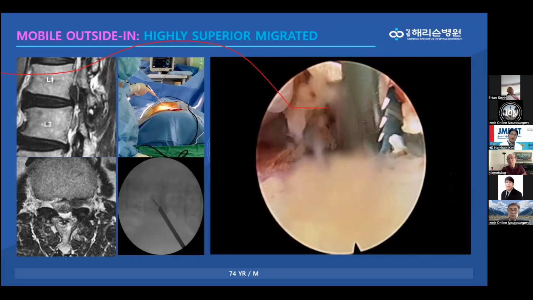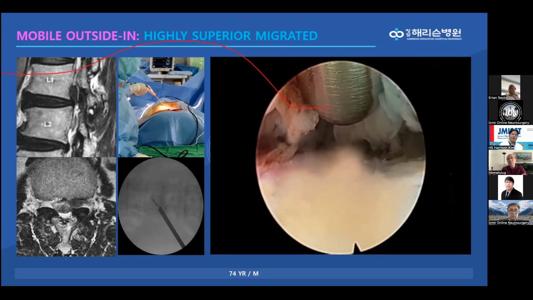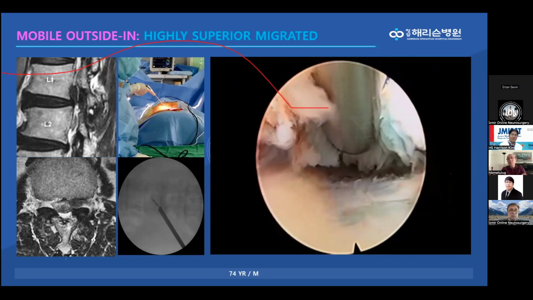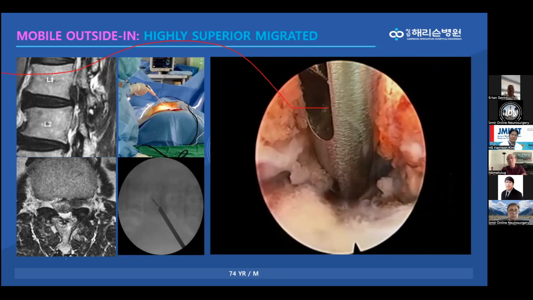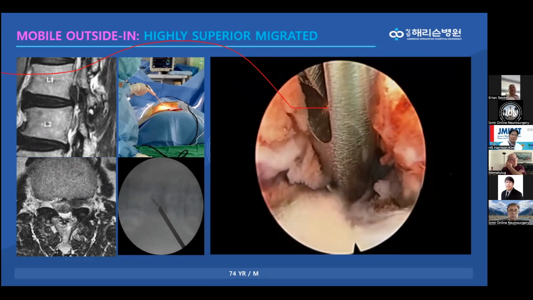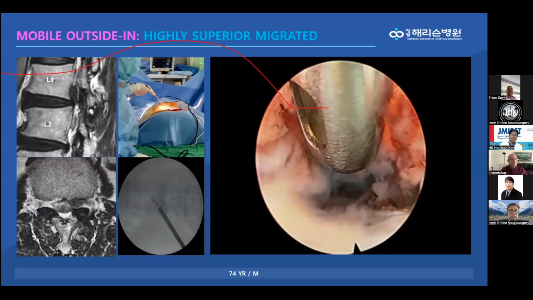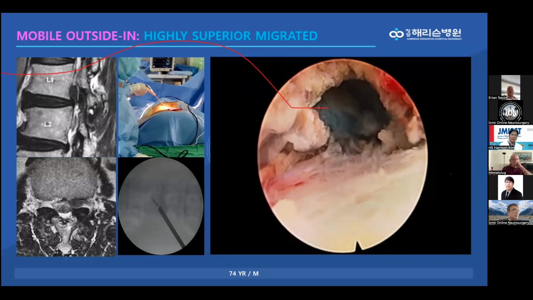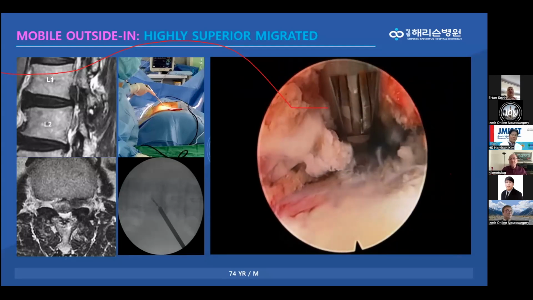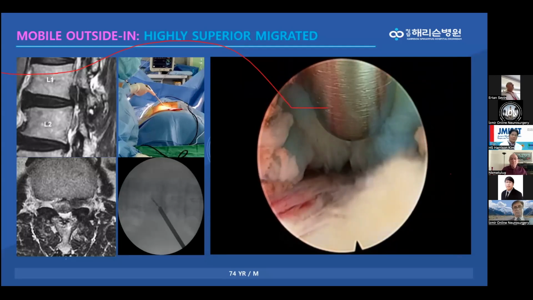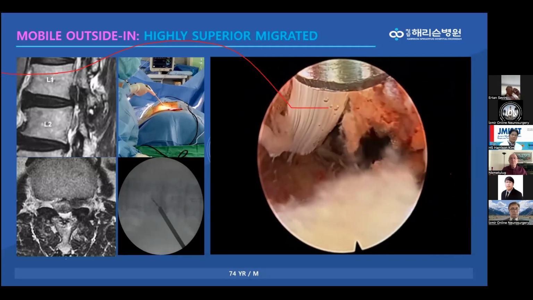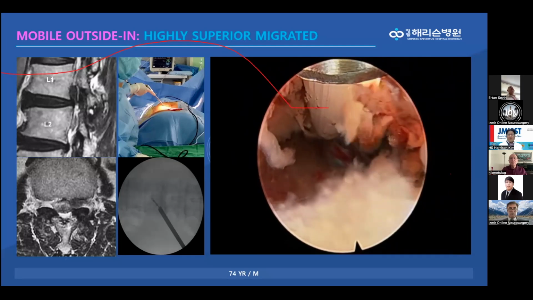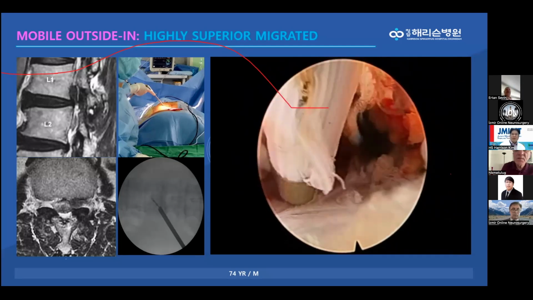To approach this area, sometimes sufficient SAP tip resection is needed. Finally, we see the free dorsal root ganglion and free axilla area.